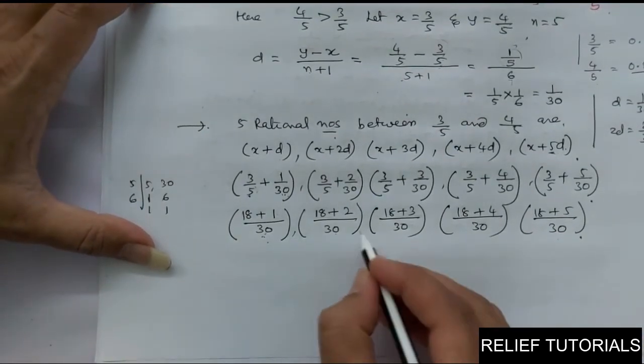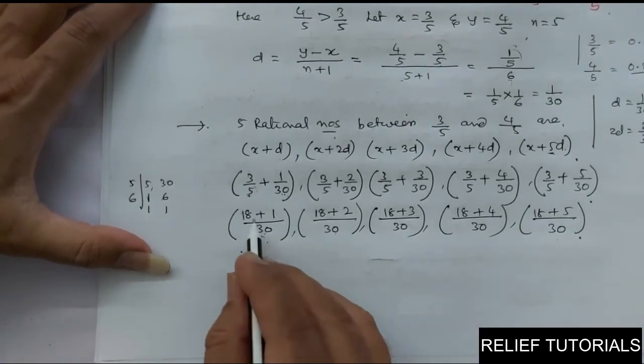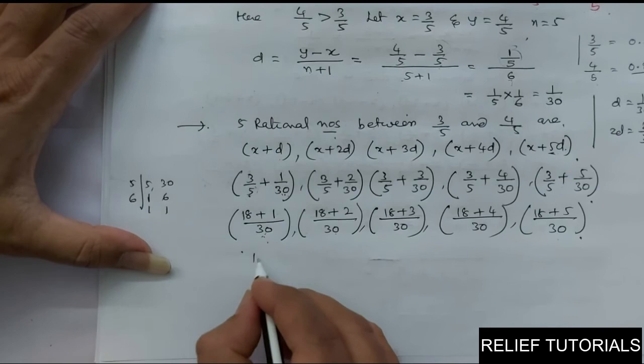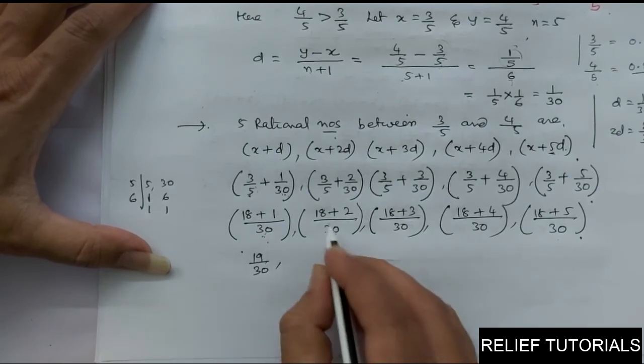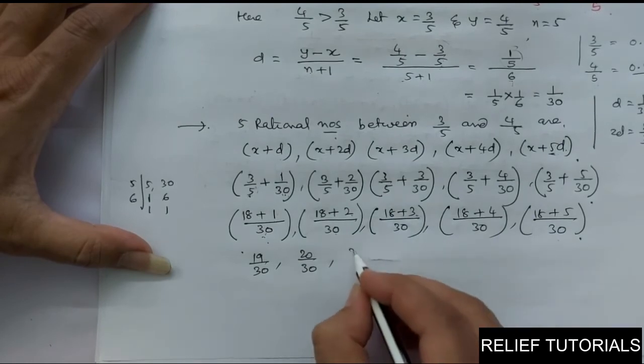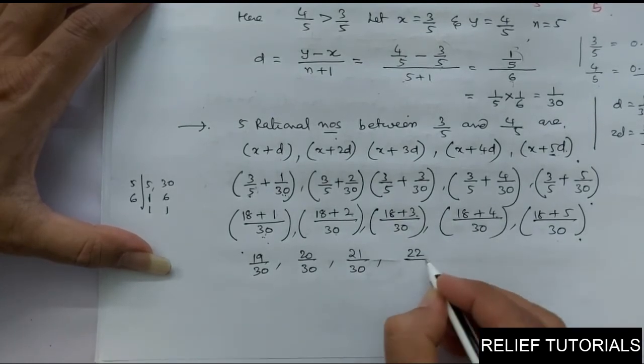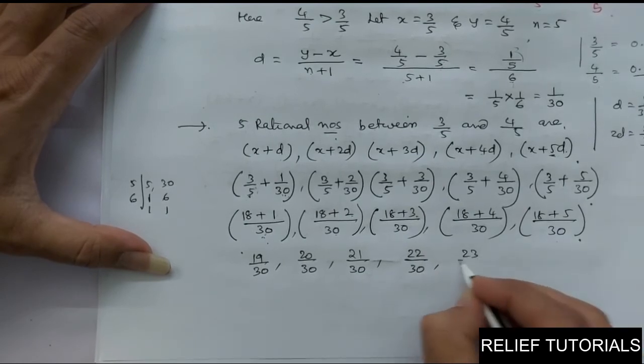So these are the numbers. Clear? Now 18 plus 1 means 19 upon 30, 18 plus 2, 20 upon 30, 18 plus 3, 21 upon 30, 18 plus 4, 22 upon 30, 23 upon 30.